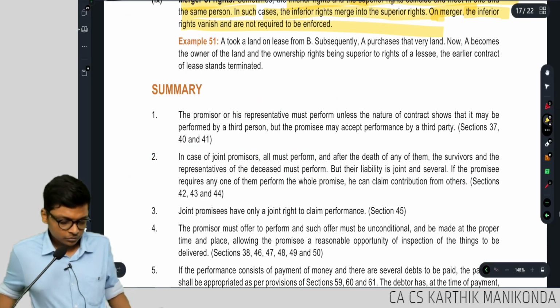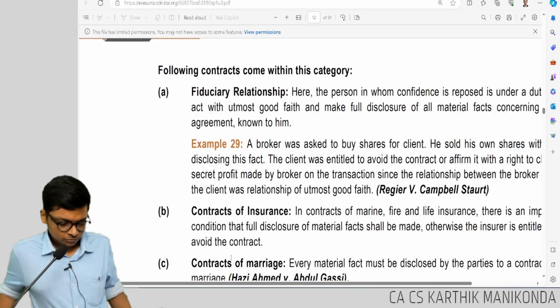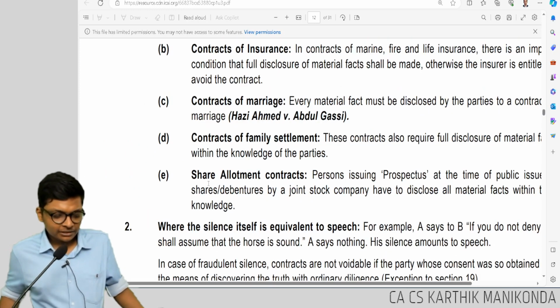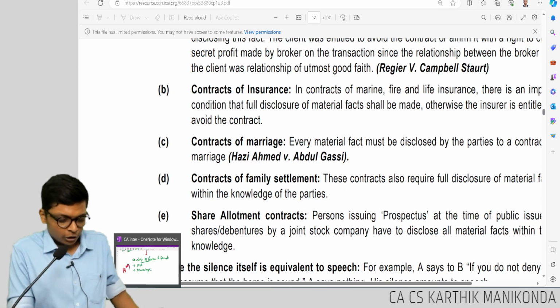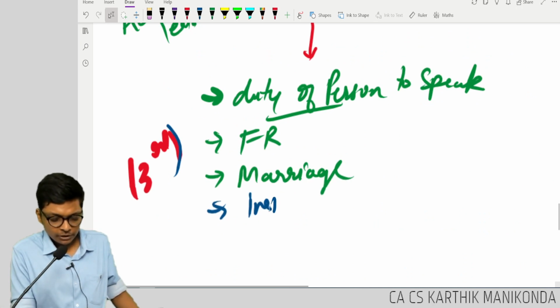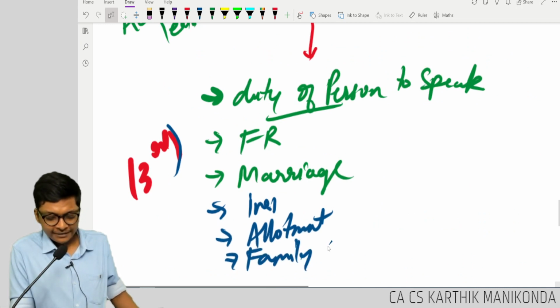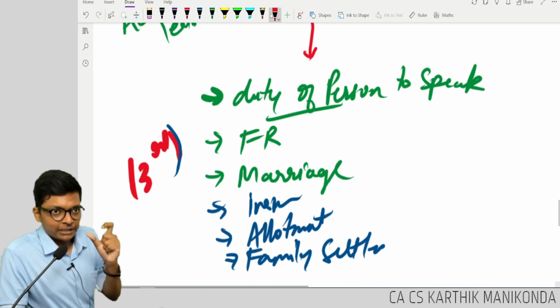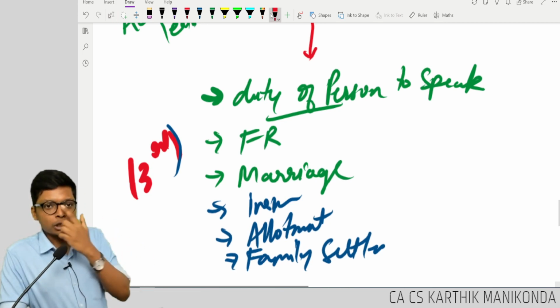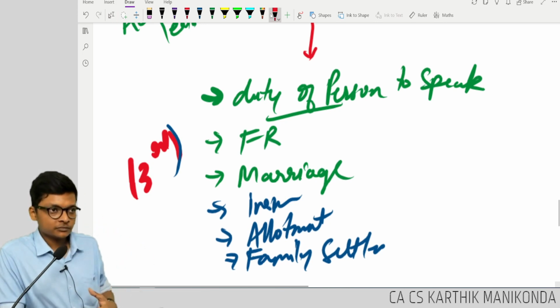Next, insurance, family settlement, share allotment. I'll tell the logic here, guys. Insurance: the insurance amount that you get depends on your health condition.